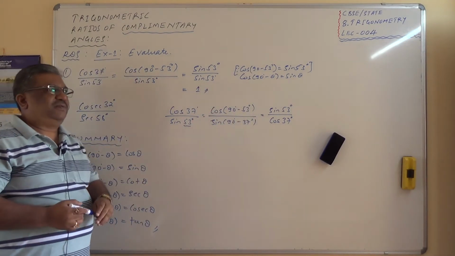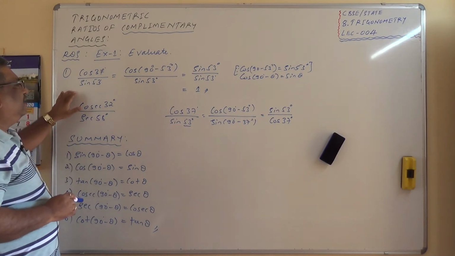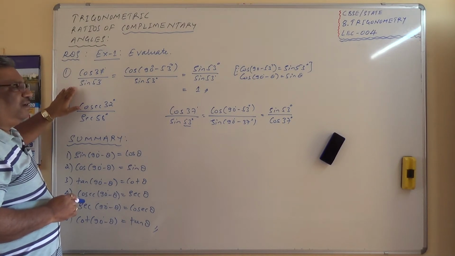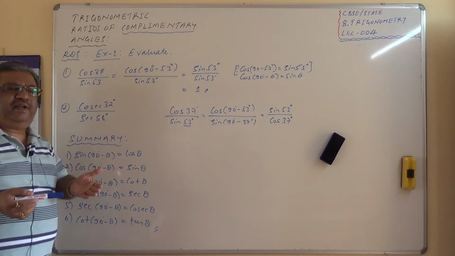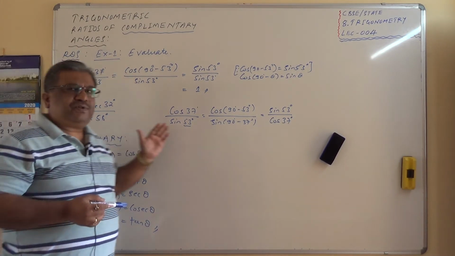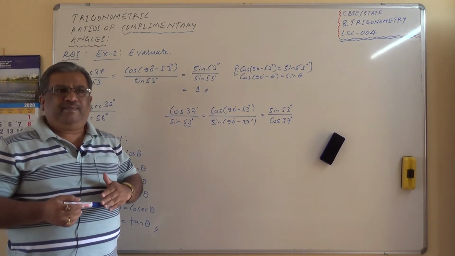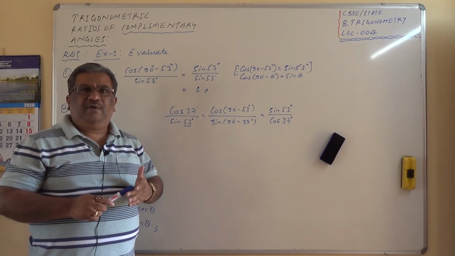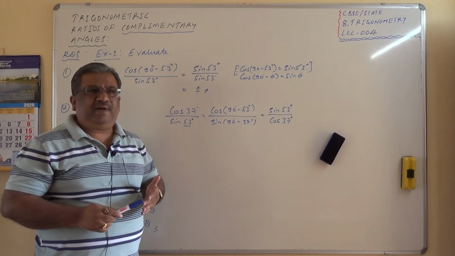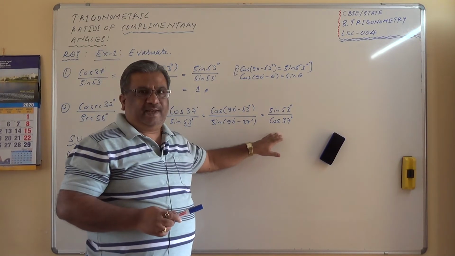Therefore, dear students, remember, in order to solve such numericals, only either the numerator or the denominator needs to be converted into the complementary angles. Thereby, in most cases, we can expect the answers to be 1, 0, or some integers such as 2, 3, etc. But definitely you cannot expect the answers in terms of the trigonometric ratios once again.